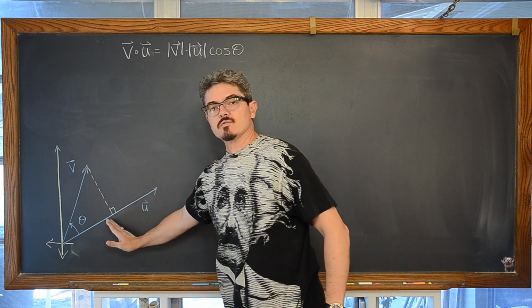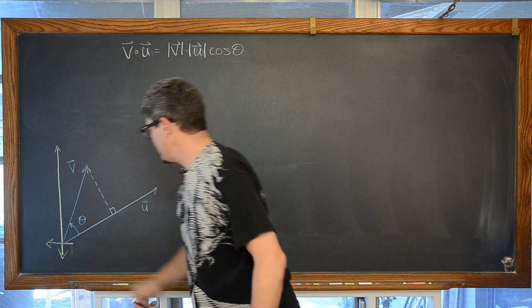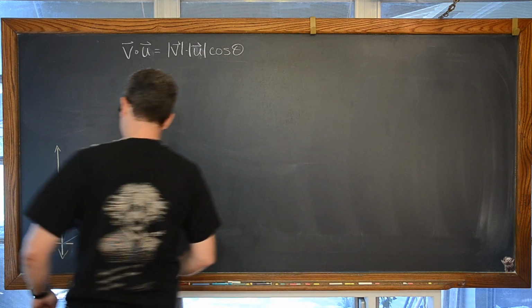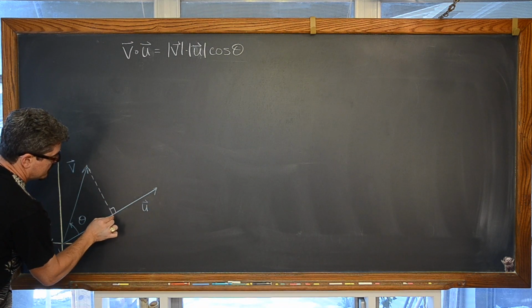With this vector u here, and this perpendicular dropped down from the terminal point of vector v, you'll have another segment, and I want to use a color that stands out.